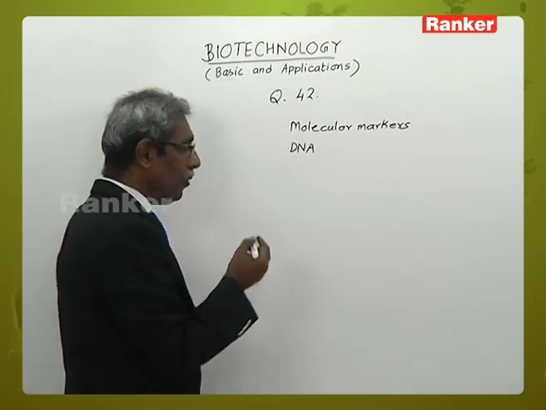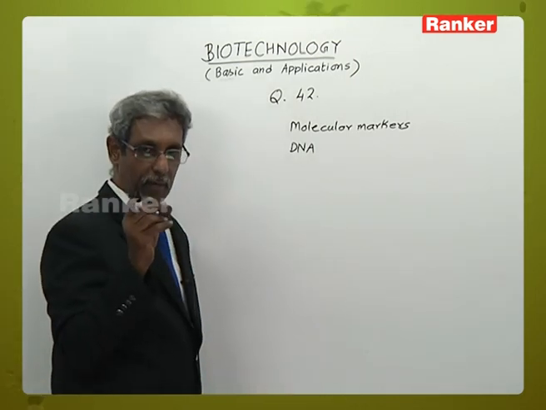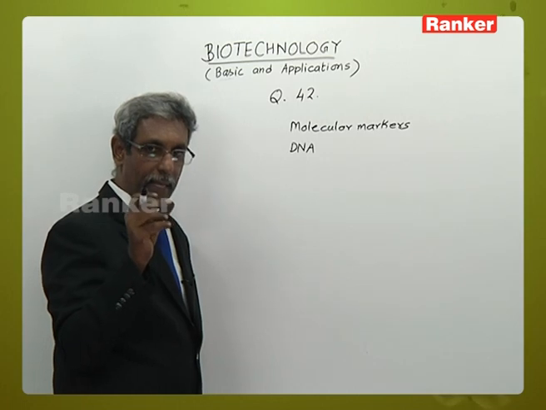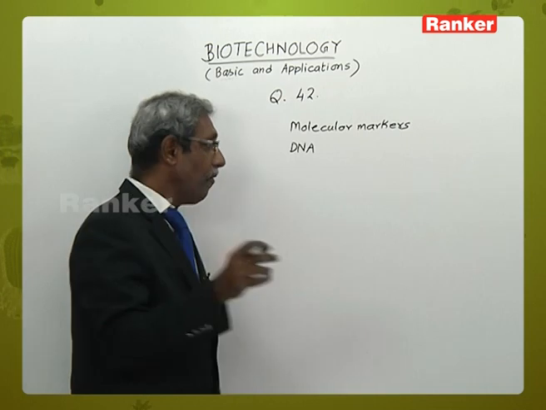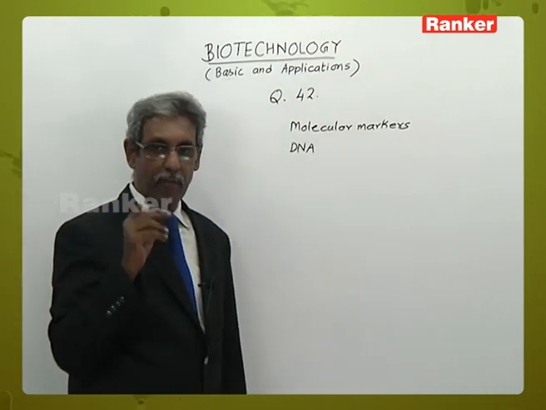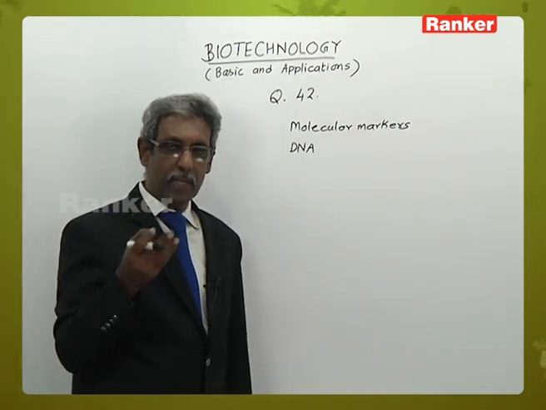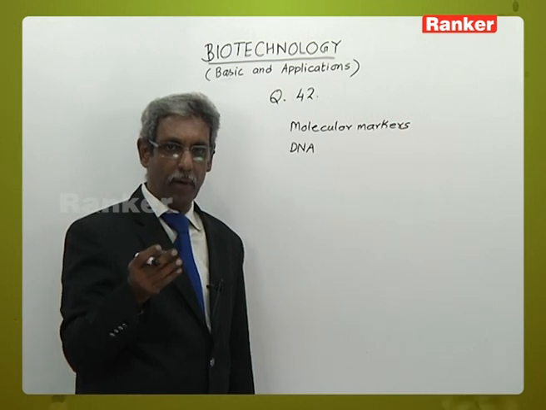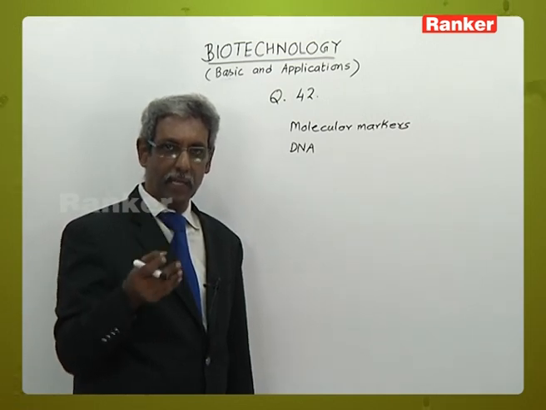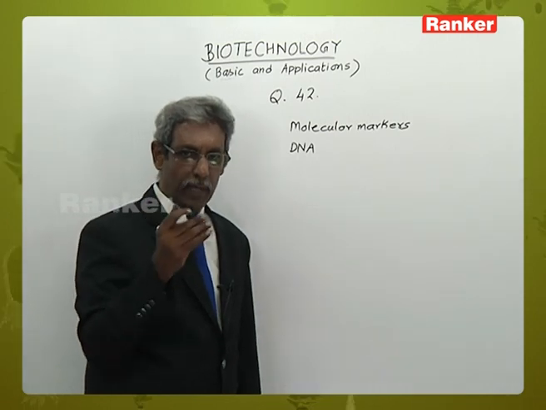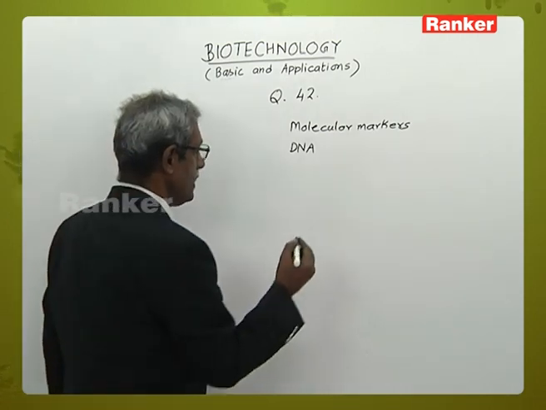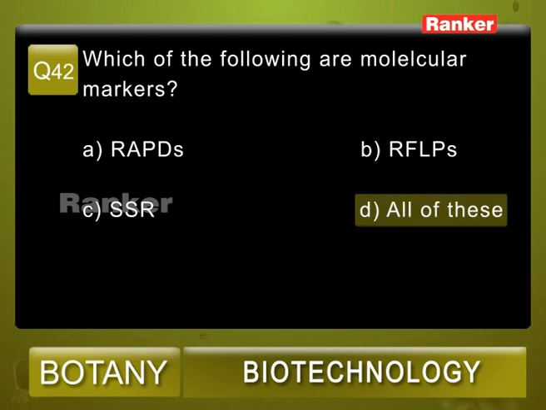They exactly know how to take up a particular sort of a DNA and they get themselves amplified. If you take rapid amplification of DNA, that is by the technique of RAPD. The second method is restriction fragment length polymorphism, that is RFLP, and the third one is termed as simple sequence repeats. So, all the following are examples of molecular markers. The answer is D.